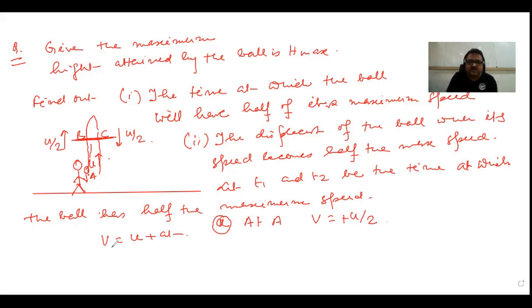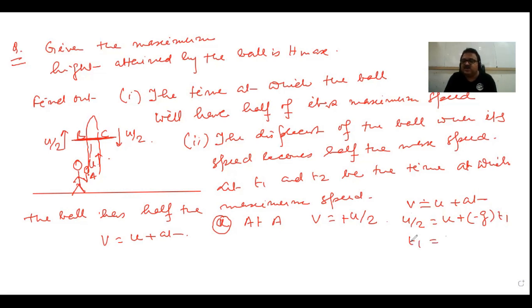Now I'm going to apply this formula, v equal to u plus at. What is v? v is u by 2. This u, a is always minus g and t is T1.